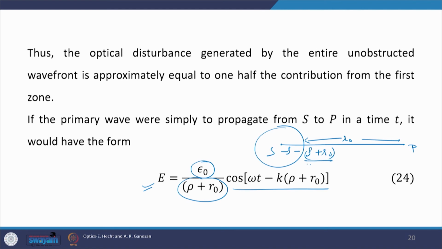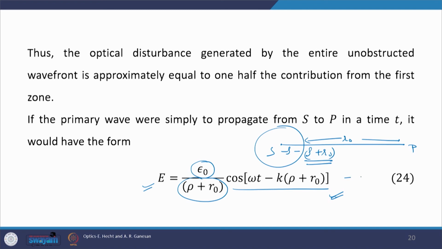Now, the total distance is rho plus r naught. If you are asked to calculate the field at a point P at a distance rho plus r naught, use the simple formulation: E equals amplitude by radial distance into the cosine function, with the phase part omega t minus k(rho plus r naught). This is the expression which we have used multiple times.